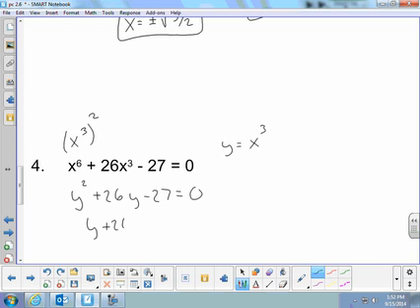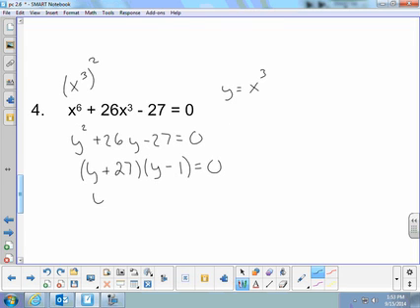Y plus 26, y minus, oops, let's try that again. How about y plus 27 and y minus 1? Because they multiply to give me negative 27, add to give me 26.